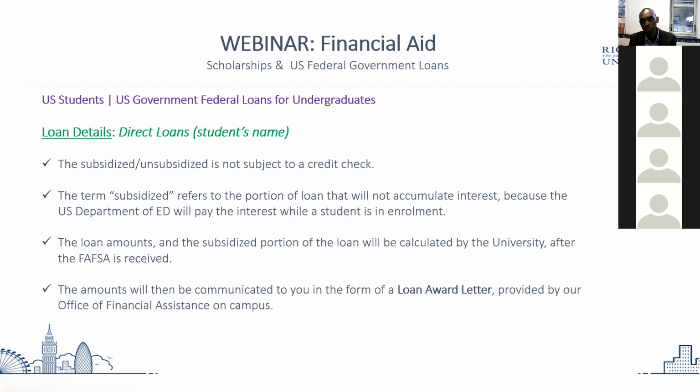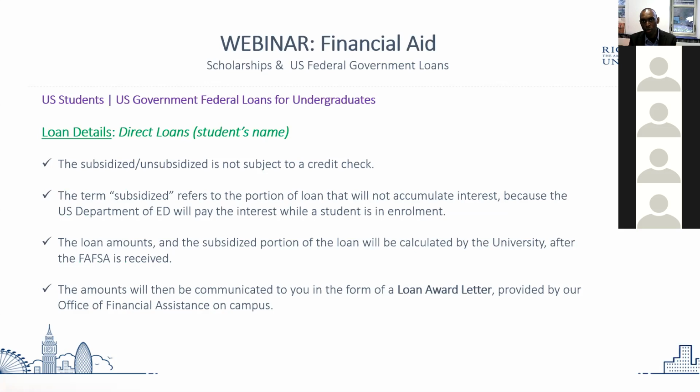So the subsidized, unsubsidized loan is not subject to a credit check. That is simply based on US citizenship, residency. And when we speak about the term subsidized, the loan award letter that we issue will specifically break down the category that is subsidized and the category of the loan that is unsubsidized. So for example, for a first-year undergraduate student, 5,500 will be your maximum.